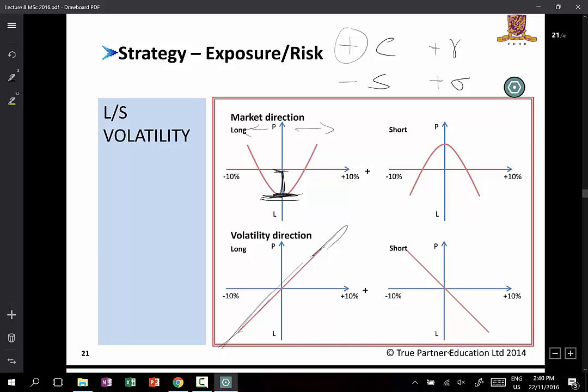Okay, and then if you are short, of course the exact opposite is happening to you. Okay, so you don't want to have a lot of movements. You want the market just to stay exactly where it is, and then you get to make this money due to the lack of action.